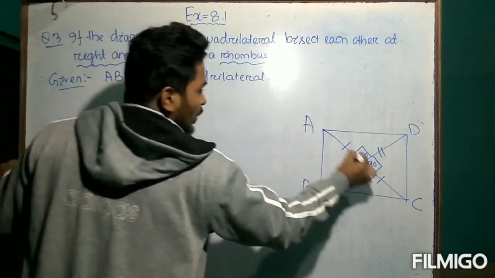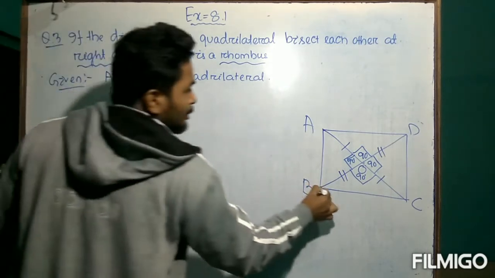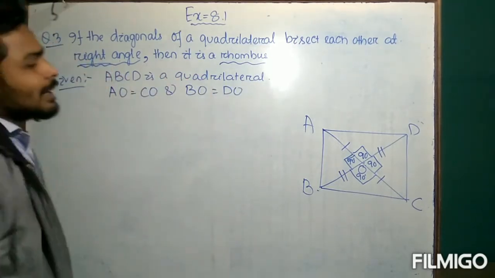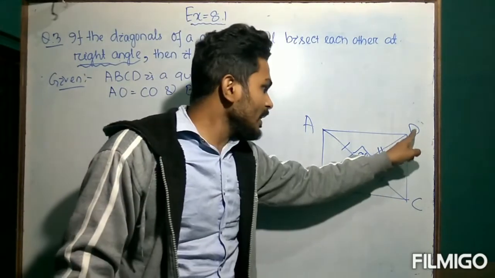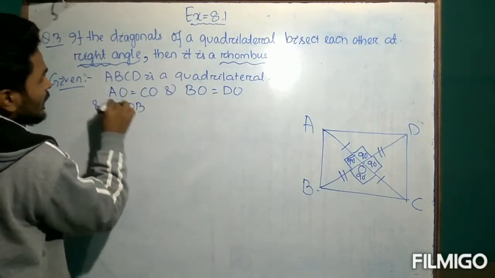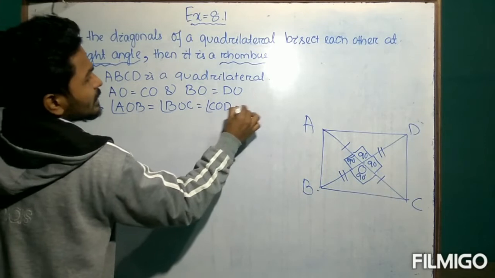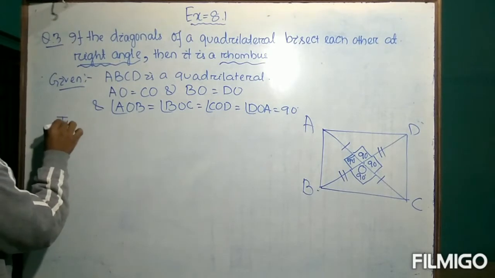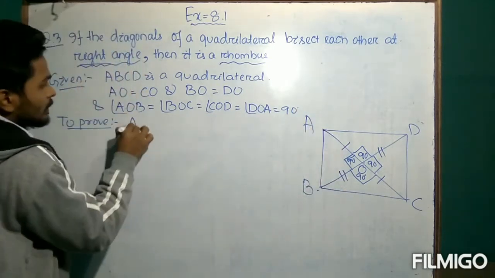So you can write AO is equal to CO, and BO is equal to DO, and the angle between them is 90 degrees. So angle AOB is equal to angle BOC is equal to angle COD is equal to angle DOA is equal to 90 degrees. It is given, and we have to prove that ABCD is a rhombus.